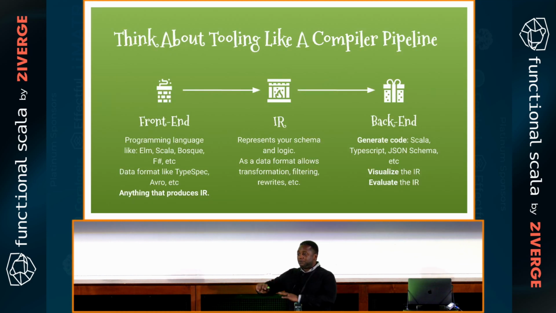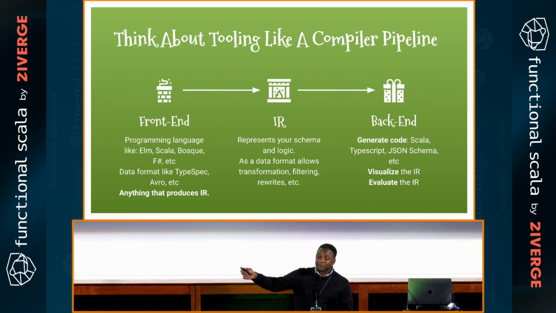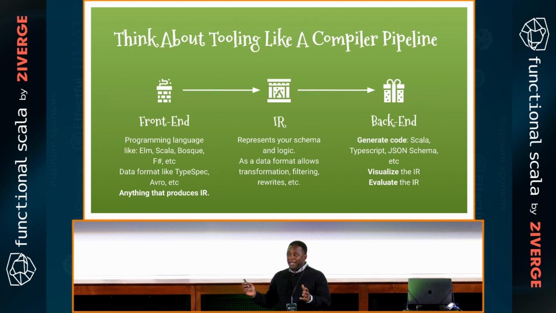Real quick, this Morphir thing I'm talking about, you can think about it just as a compiler pipeline. If you have ever compiled code, you've seen it. So it's a front-end language that gets transformed into this data format, this intermediate representation, and then you can just use it in the backend. What kind of backends? Well, you can generate code from this IR format. You can generate Scala, TypeScript, JSON schema, and it's open source, extensible, so you can actually add your own backend.